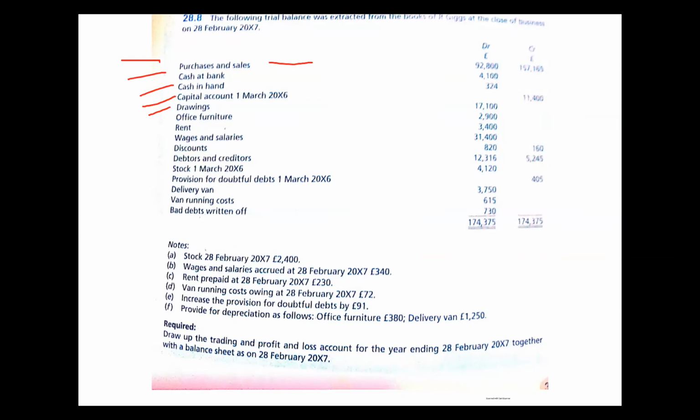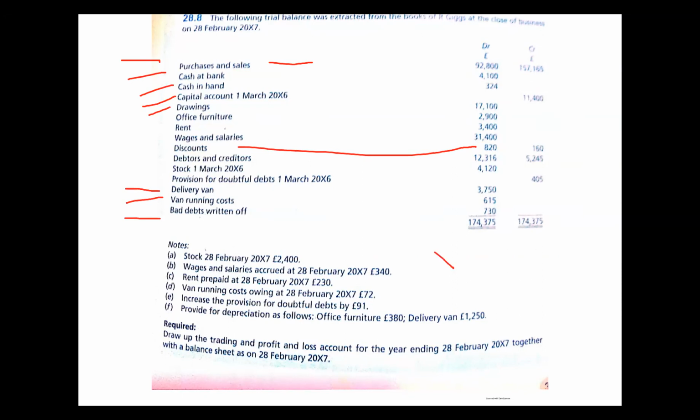The discounts are two: discounts allowed and discount received. You have debtors and creditors. You have stock, opening stock. You have the provision for doubtful debt, delivery van running costs, and the bad debts written off.